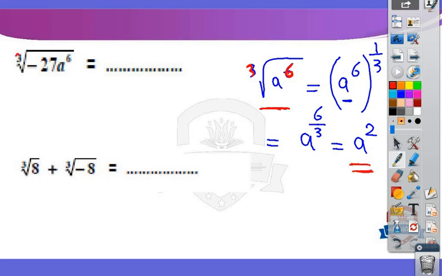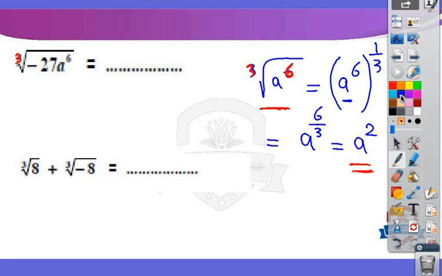So here I need the cube root of minus 27 a to the power of 6.